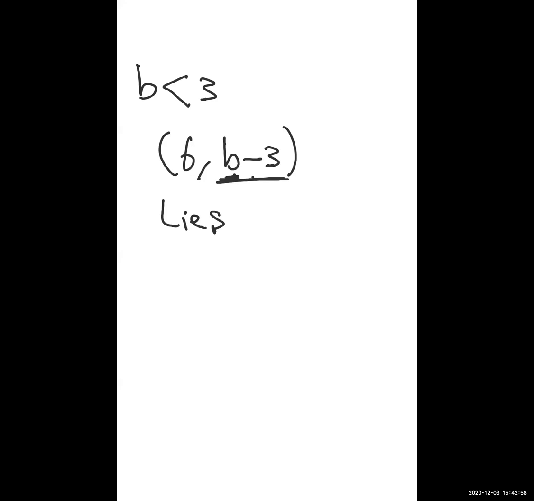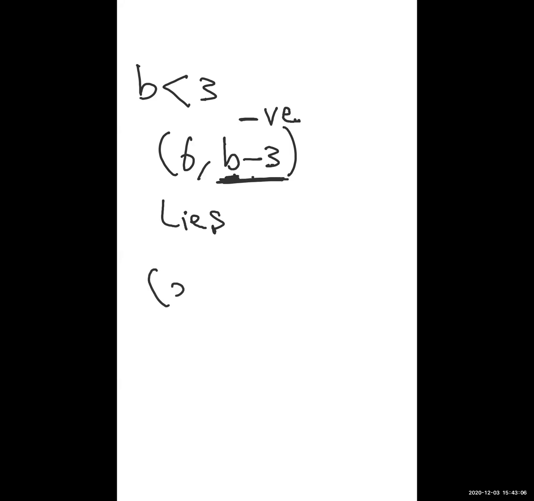If b is less than 3, then the point (6, b minus 3) lies in which quadrant? It's less than 3, so it may be 0 or 1 or 2 or even negative. In this case b minus 3 will be a negative value, right?